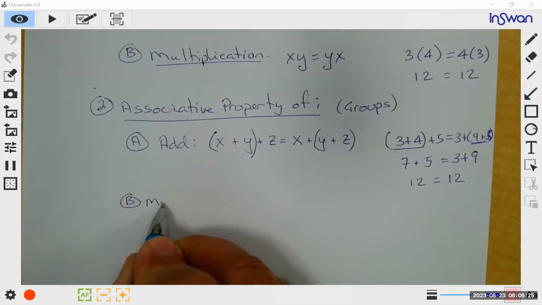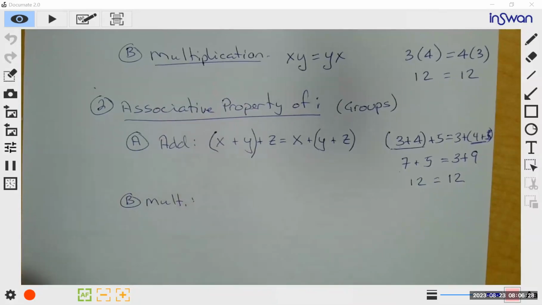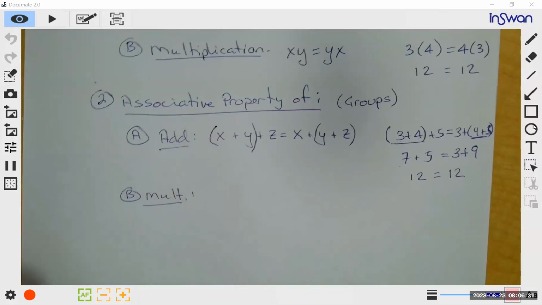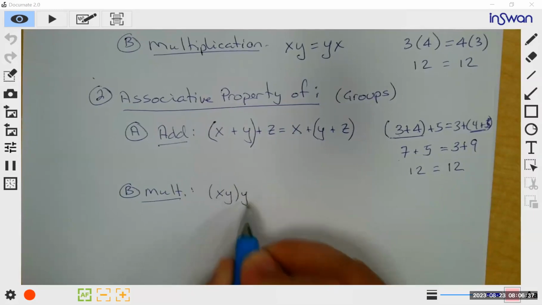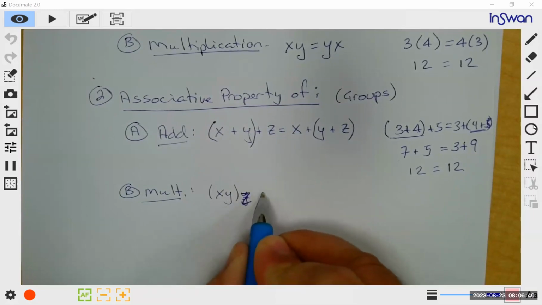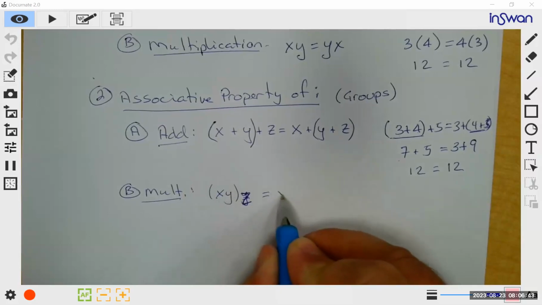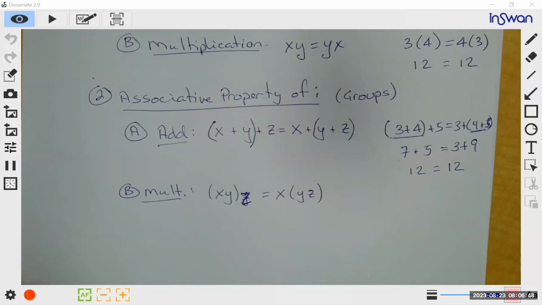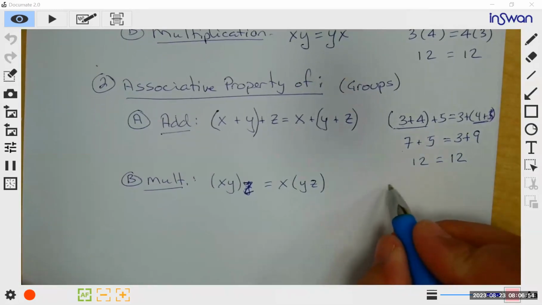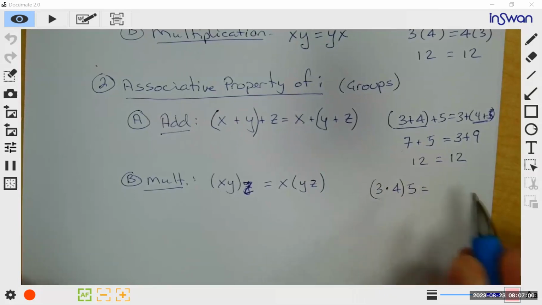With the associative property of multiplication, what this one says is if we have three numbers and we multiply them, X times Y times Z, we can tell which ones we're supposed to do first by the parentheses. So we have (3 times 4) times 5, 3 times (4 times 5).